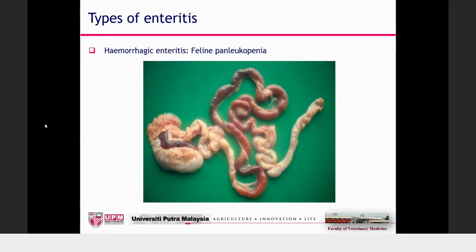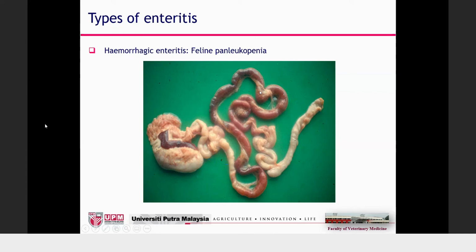Another important one is a parvovirus. Like in cases of leukopenia or parvovirus in the dogs. Again, there's a case of a leukopenia. Our previous case also, you can foresee those animal down with leukopenia. You can see at the middle part of the intestine, the reddening, some area darkening, and this is what we call hemorrhagic enteritis.